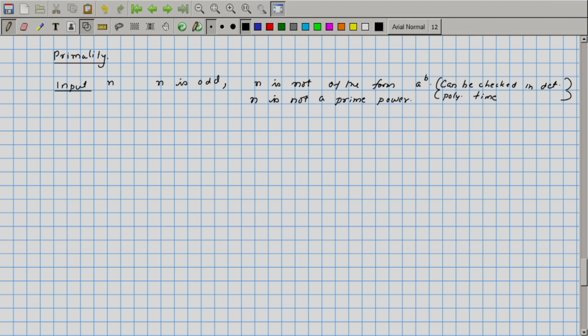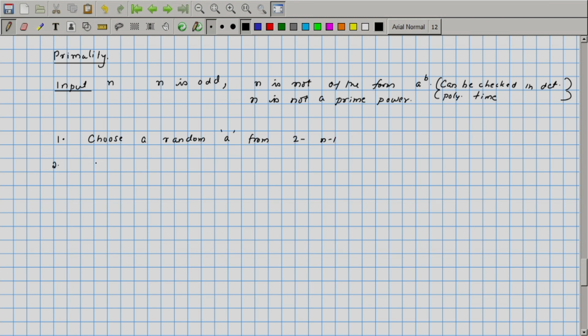Okay, and the steps of our algorithm are as follows. Choose a random a from 2 to n minus 1.